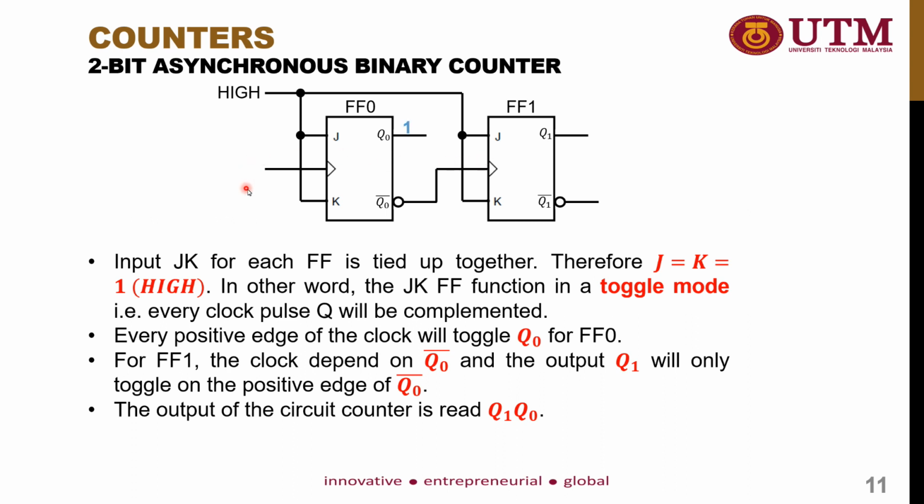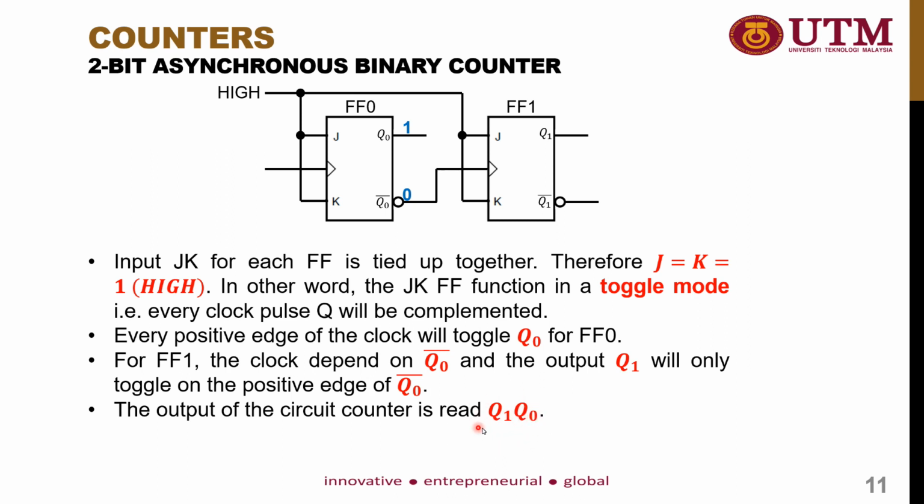The external clock is directly connected to flip-flop 0, so flip-flop 0 is the LSB part of the counter, and therefore flip-flop 1 is the MSB part of the counter. The output from FF1, which is Q1, will become the MSB of the counter, and output Q0 will become the LSB.